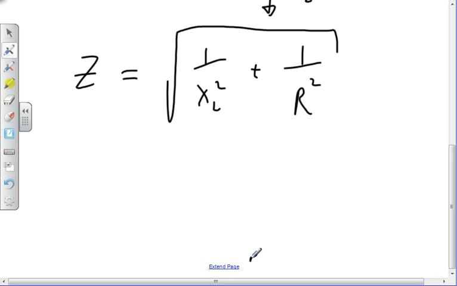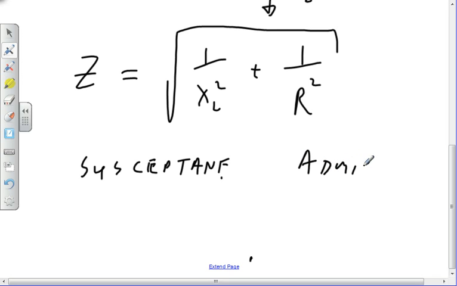Then we have susceptance and admittance, on page 347. These are so important, I've yet to put those terms on any test in my entire life.